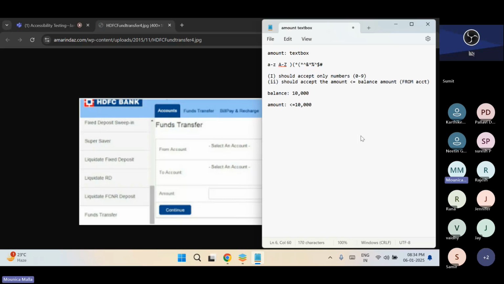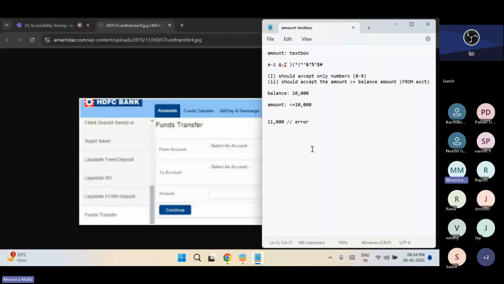If the balance I have is 10,000 and I'm transferring 12,000, why will the bank allow an additional 2,000 to be sent? No, right? So how does the user know that? Let's say the user doesn't know that the balance in his account is 10,000, so he is entering something like 11,000. Then what happens? The application will throw an error saying you don't have sufficient funds.